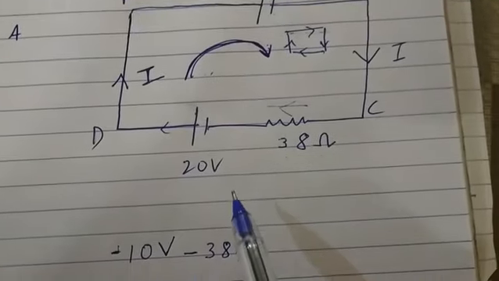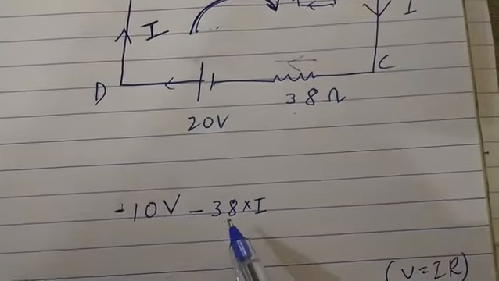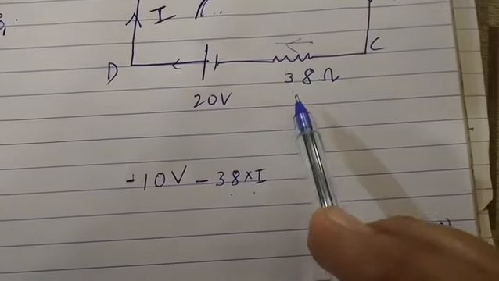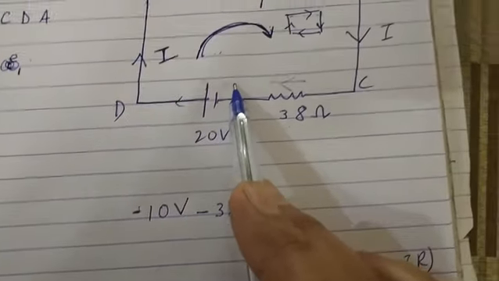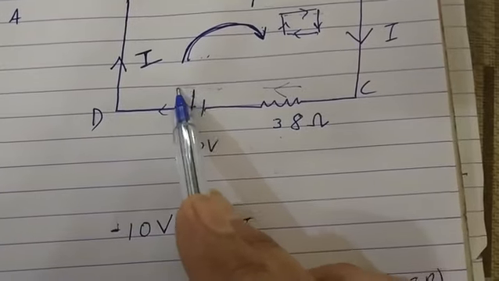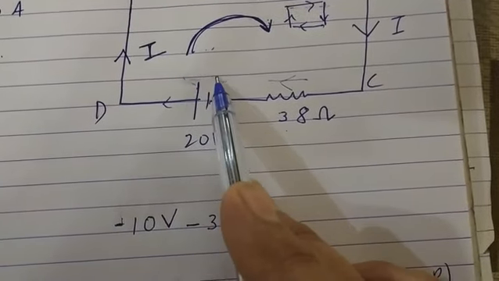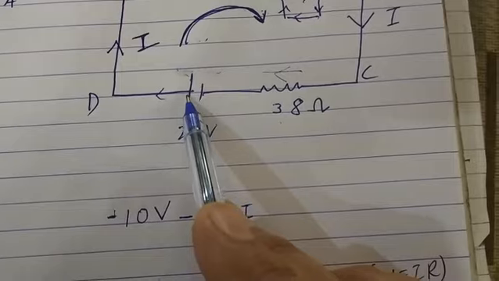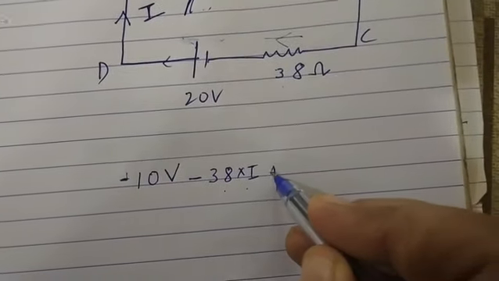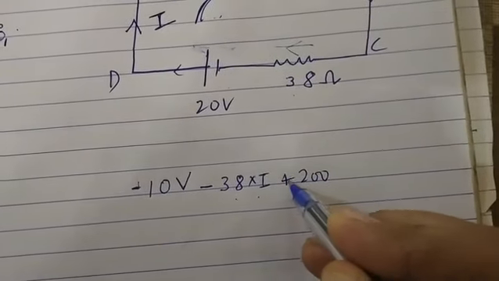The sum of the potential differences across any loop is 0, Kirchhoff's second law. So 38 into I. Now come here. The ending point of the direction of calculation in the cell is positive, so we write plus 200 volt.